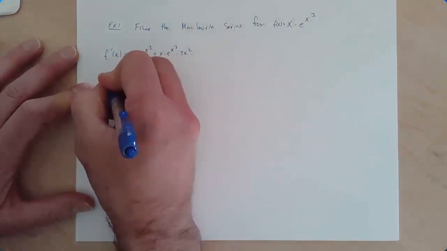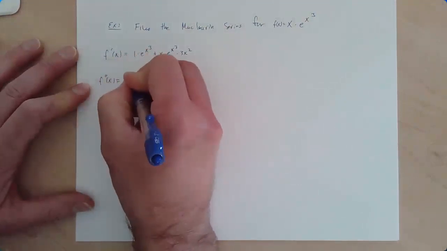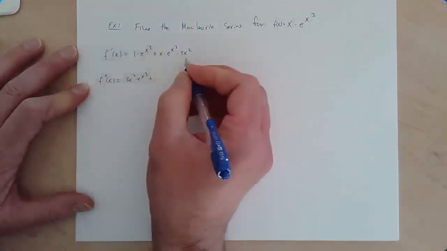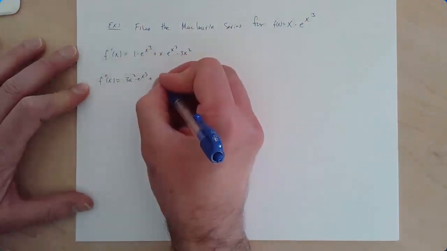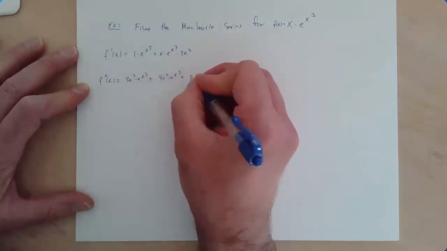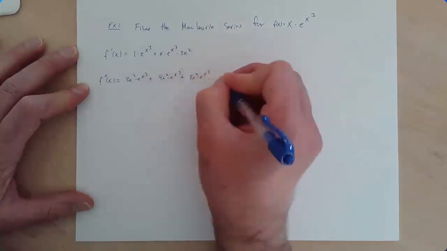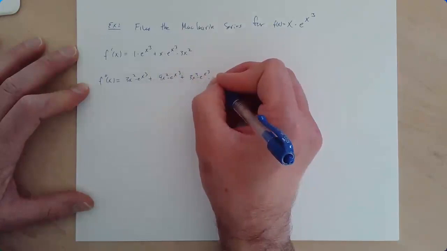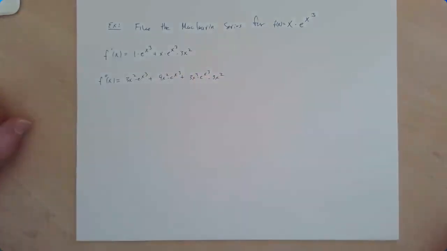The second derivative is going to be, I don't know, 9x squared times e to the x cubed plus 3x cubed times e to the x cubed times 3x squared. That's not good. It's not going to be easy to then plug in 0 and find any kind of reasonable pattern. And the point is we don't have to.